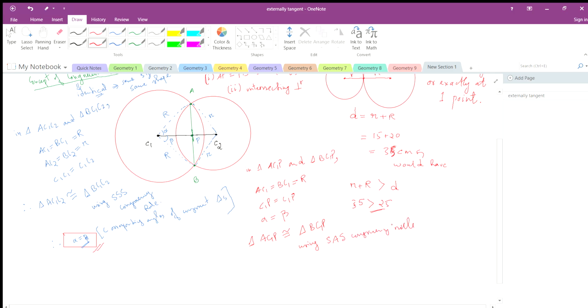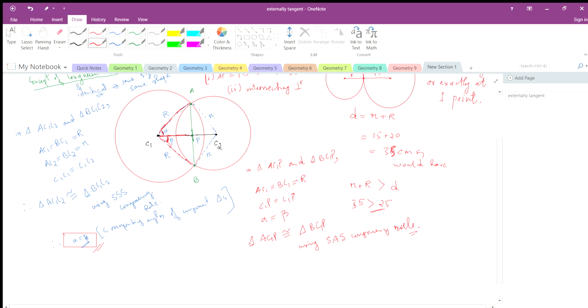This side is equal to this side, this is the common side, and alpha and beta are the included angles. That means these two triangles are congruent. If they are congruent, their corresponding sides and corresponding angles will be equal.